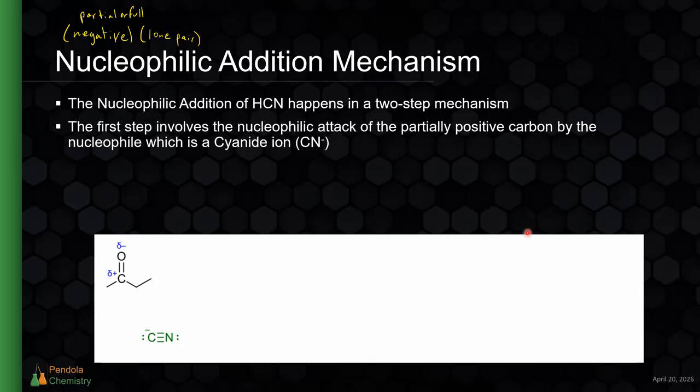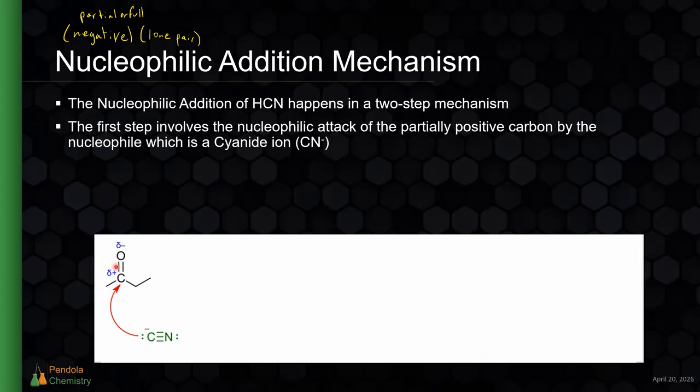So what's going to happen here is that the first step is going to involve what we call the nucleophilic attack. The carbon in the cyanide is going to use its lone pair of electrons to attack the partially positive carbon. So this is the nucleophilic attack, where the cyanide attacks the carbon.